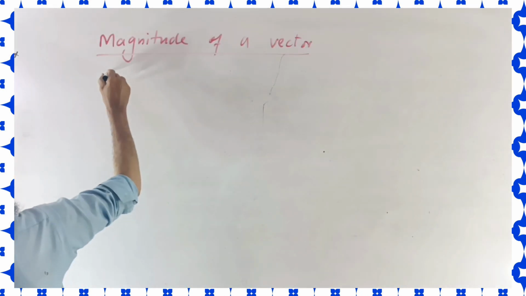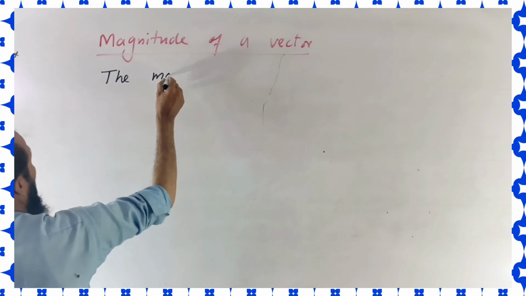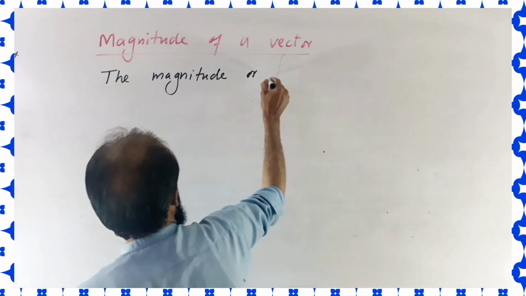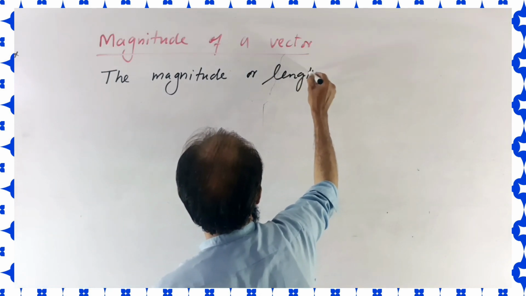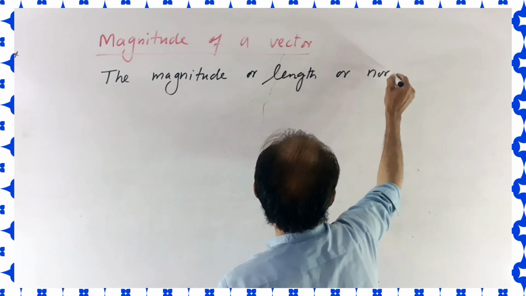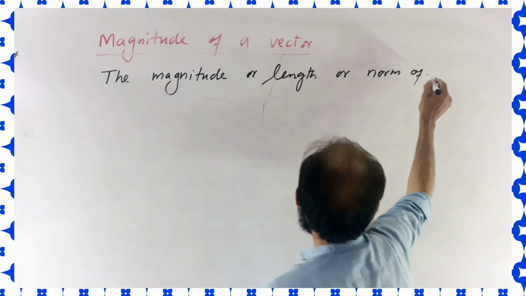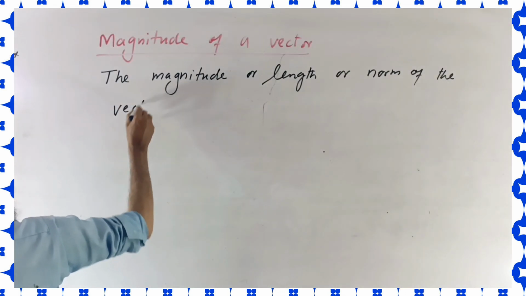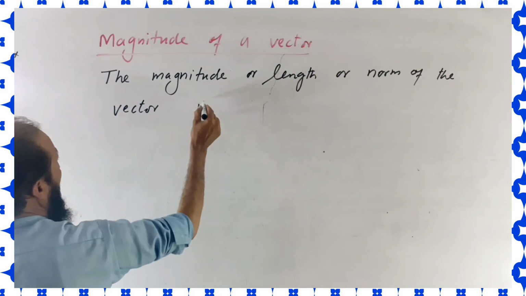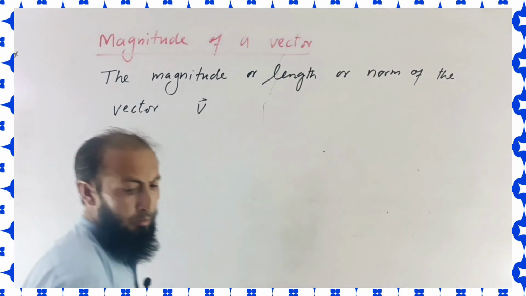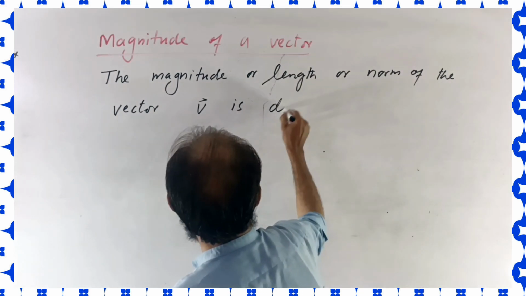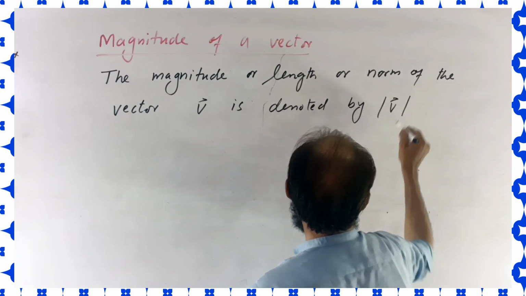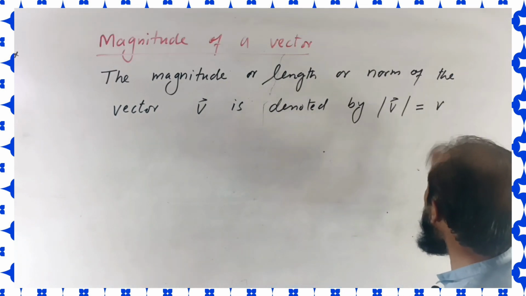The magnitude, or we can say the length or norm of the vector V, is denoted by |V|. Magnitude is also equal to |V|.